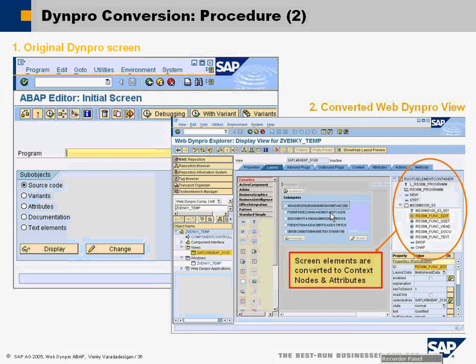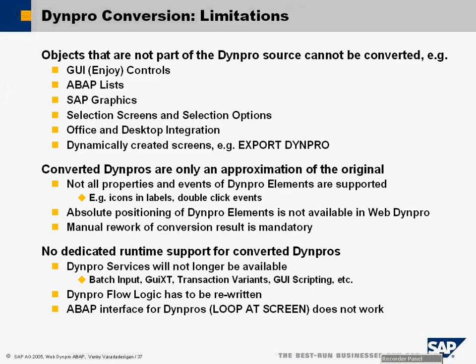And some of them, if the text element is not available in the original language, you will have to edit it manually. Okay, and on the right-hand side you can see the element container containing the hierarchical representation of the context values.